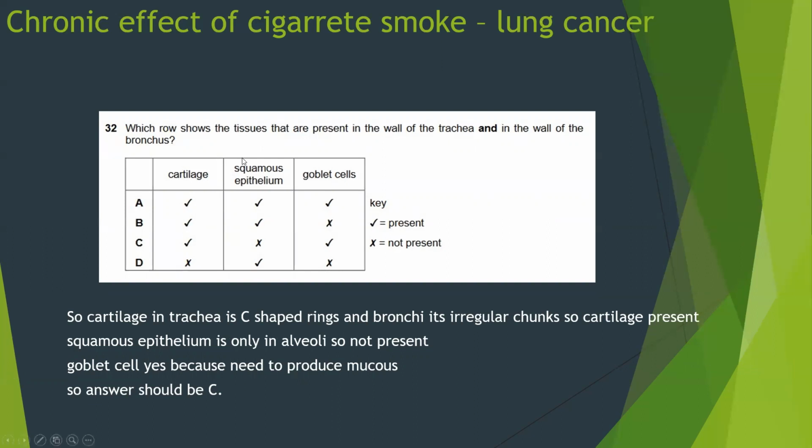And this term, squamous epithelium, we have heard before, when we described the structure of the alveoli, because the alveoli has a one cell thick squamous epithelium layer. So the answer should be C, because squamous epithelium is only present in alveoli, not in trachea or bronchus.